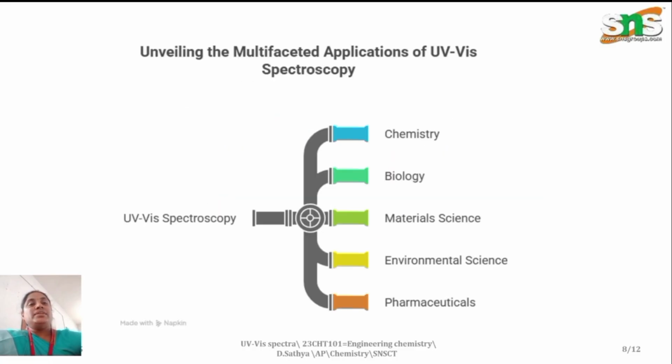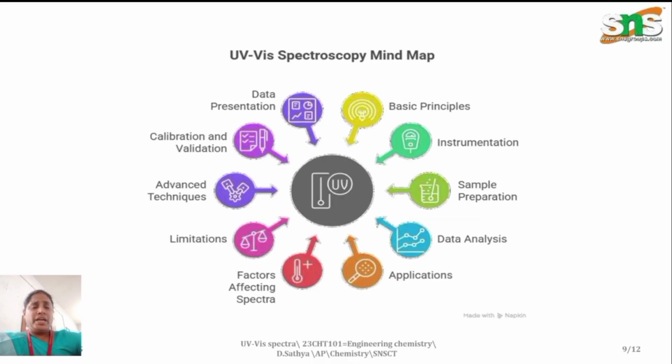Now the multiple applications of UV visible spectroscopy. It is widely used in different industries and in chemistry, biology, material science, environmental science and pharmaceuticals. So a lot of fields use UV visible spectra, and also in medicine.